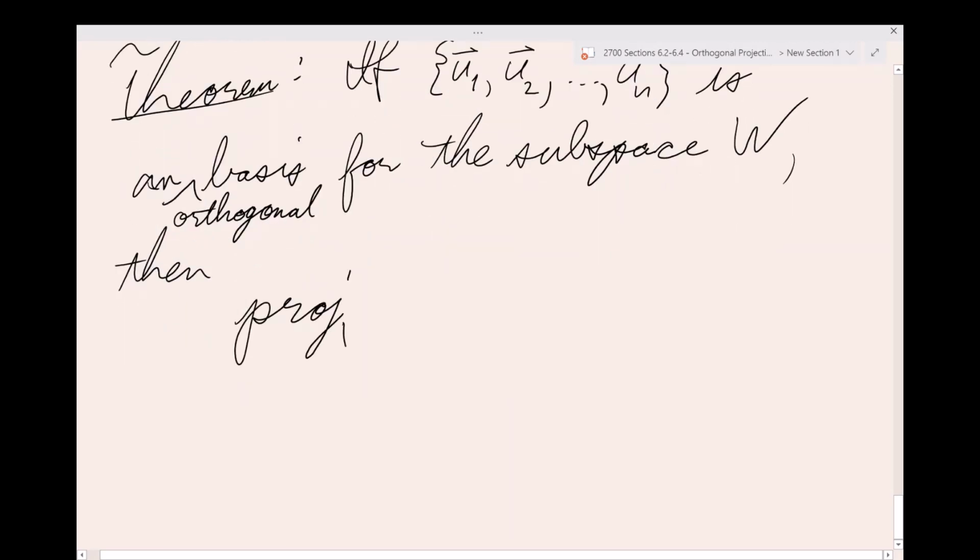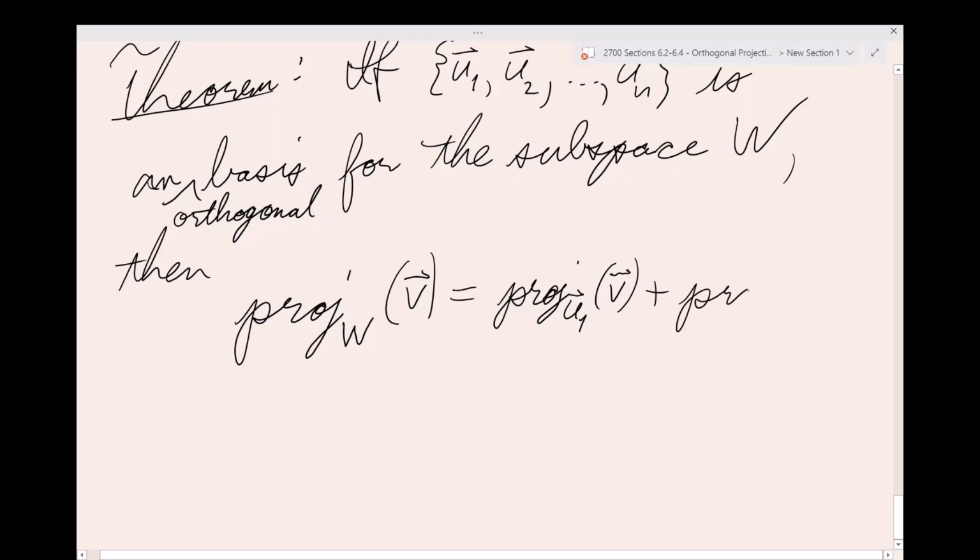The projection onto that subspace of some vector, let's call it v again, is going to be: project v onto each of those basis vectors and add them up. Because you're just doing it component-wise, coordinate-wise, all the way to the end.